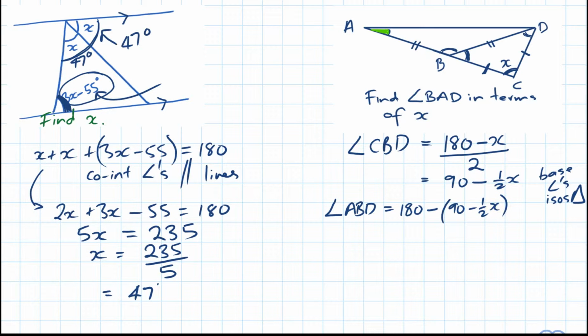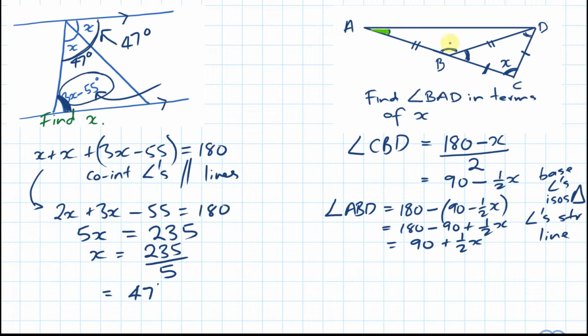Let's simplify. We get 180 minus 90 plus half x, and that is the same as 90 plus half x, and that's angles on a straight line.